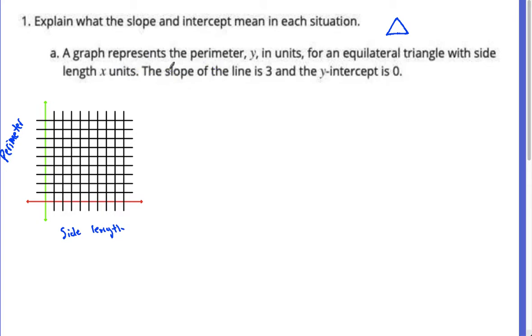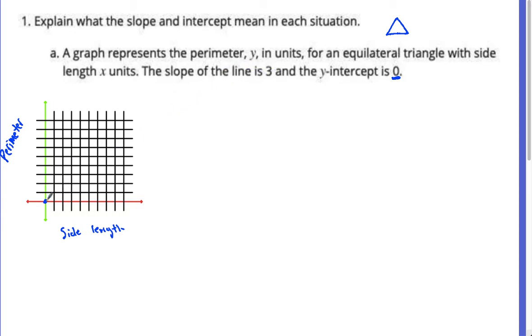So now it says the slope of the line is 3 and the y-intercept is 0. So this tells us a lot right here. When the y-intercept is 0, we know it has to go through the origin. That's where the y-axis is 0 right there. So the y-intercept is 0, that means we have a proportional graph. Okay, and then it says the slope of the line is 3.